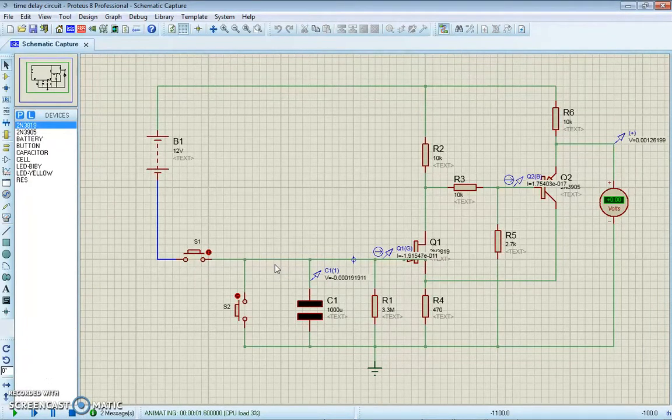As you can see, the value of Vout is approximately 0 when both switches are off. It is supposed to be 12 volt in theory, as current from the power supply will flow through R2. As S1 is switched on, the capacitor starts charging.